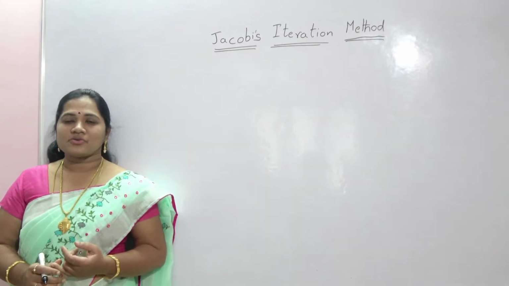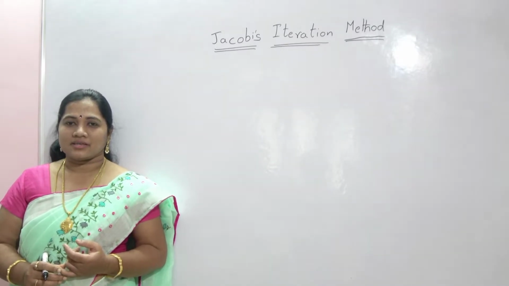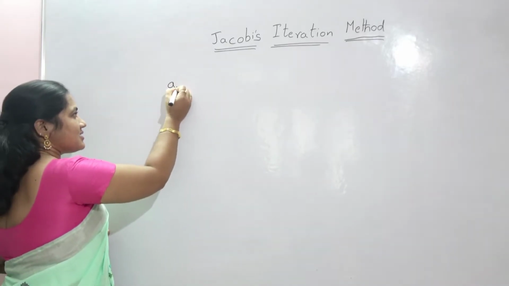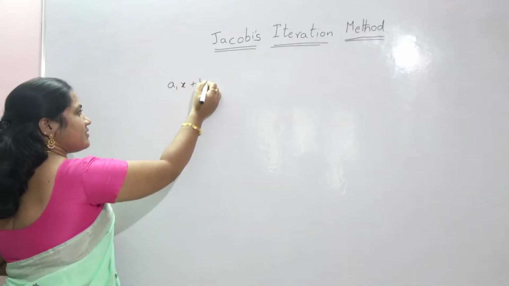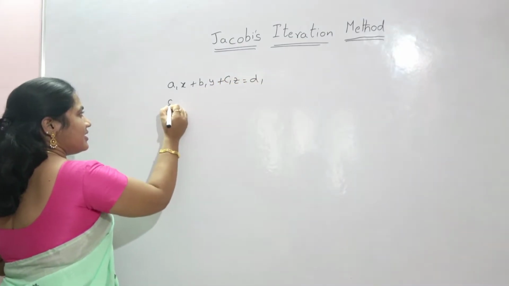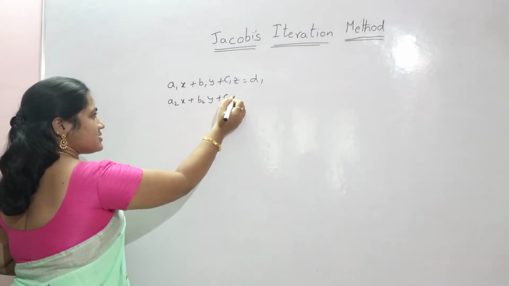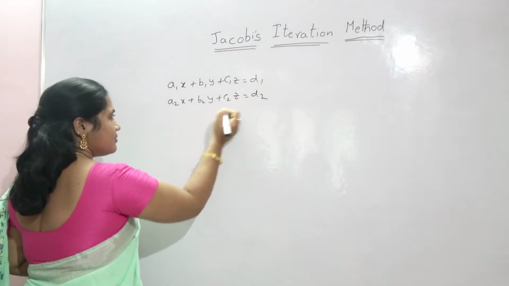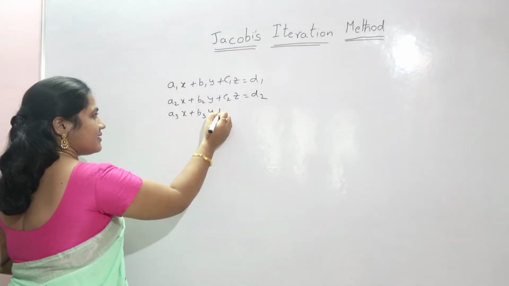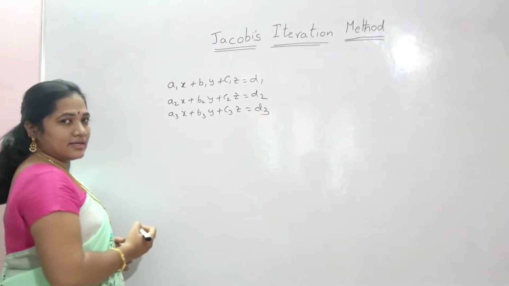I will teach you how to solve simultaneous linear equations using Jacobi's iteration method. Let us consider the system of equations a1x plus b1y plus c1z equals d1, a2x plus b2y plus c2z equals d2, and a3x plus b3y plus c3z equals d3.